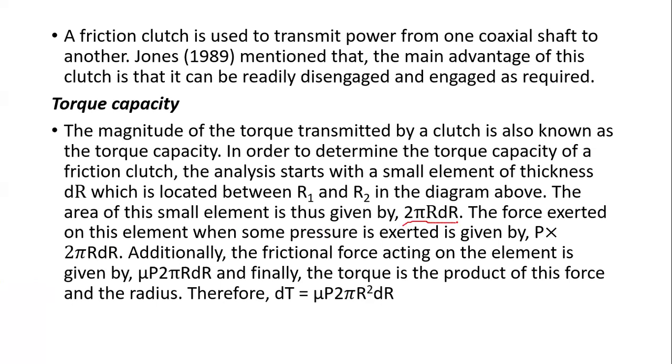So if you're looking for the force exerted on this small area, you multiply pressure by the area. So you just introduce pressure by the same expression for area we talked about. But then we can still rearrange this, where we can say friction force acting on the elemental area.